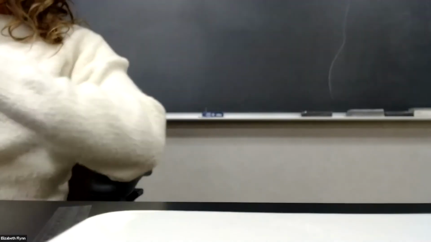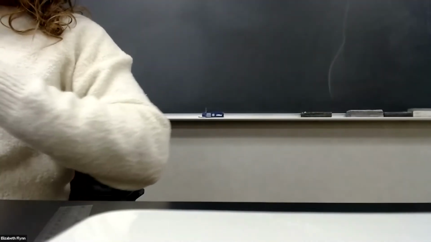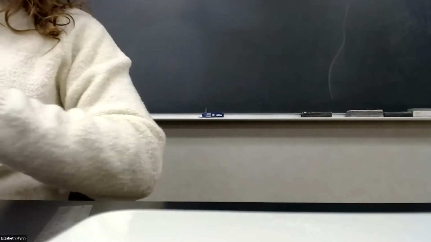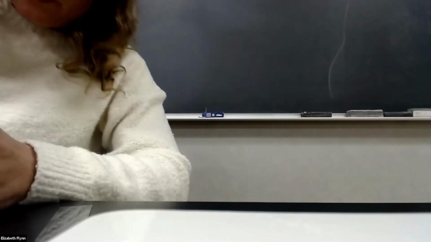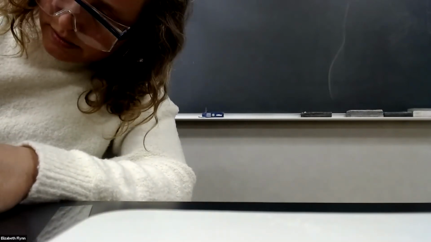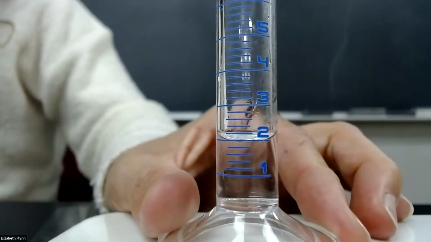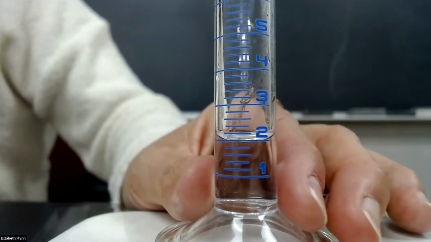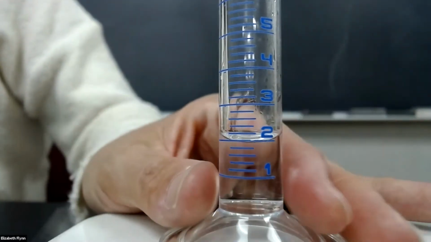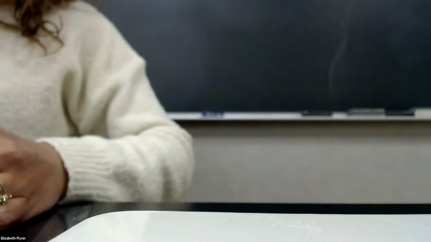I'm going to just dab out a teeny tiny bit because I want it to be on the line so I can have that to show you. Just dab out a little bit. Maybe that'll be all right. All right. Maybe, maybe not. I want teeny, tiny. Bear with me, please.